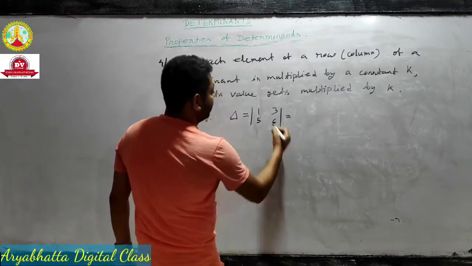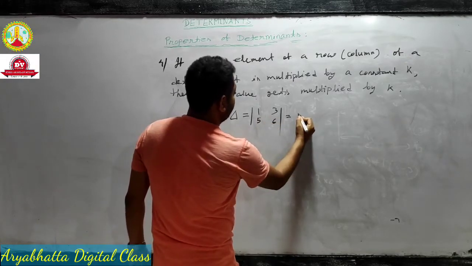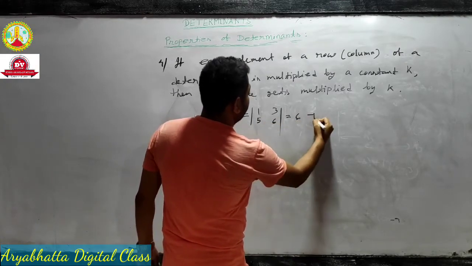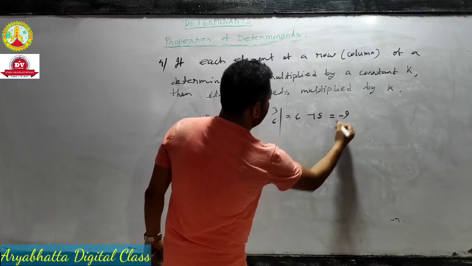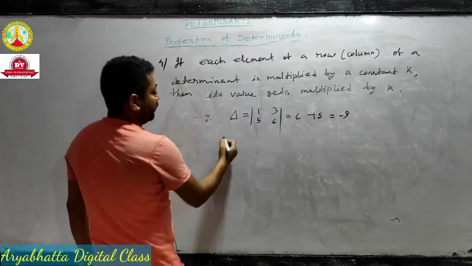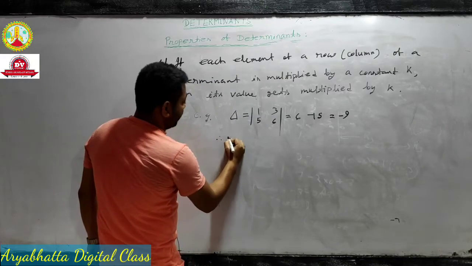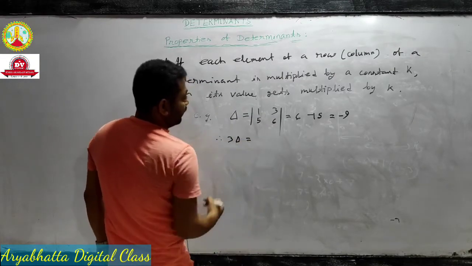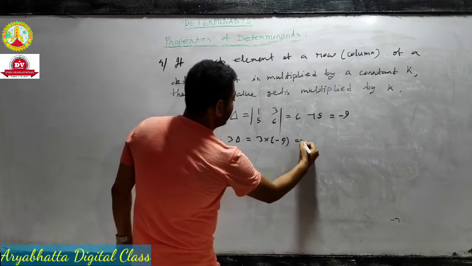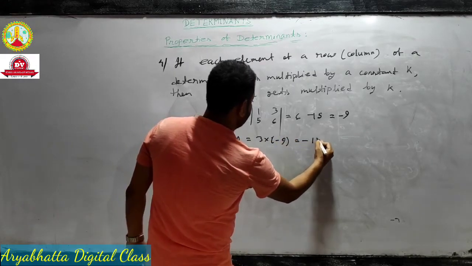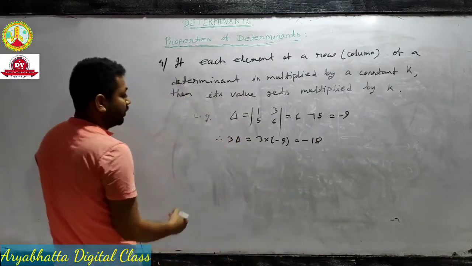This is equal to 6 minus 15. This is equal to minus 9. Therefore, 3 into delta is equal to 3 into minus 9. This is equal to minus 27.